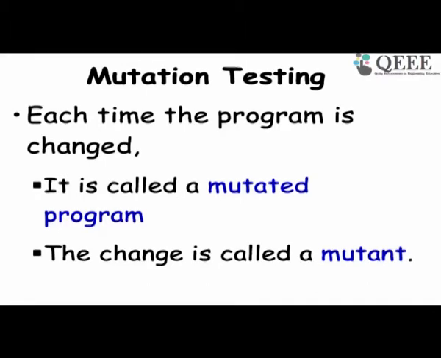Once we make a change to a program, we call it a mutated program, and the change is called a mutant. For example, a mutant may be to change the type of a variable. So this can be done automatically.